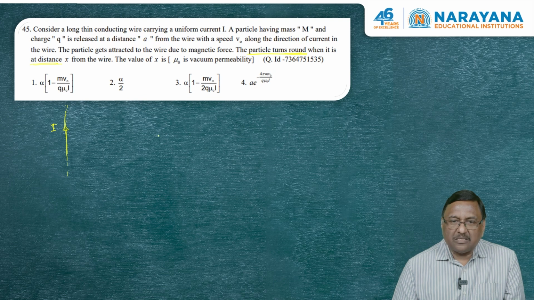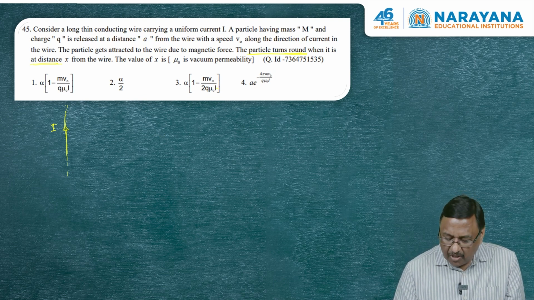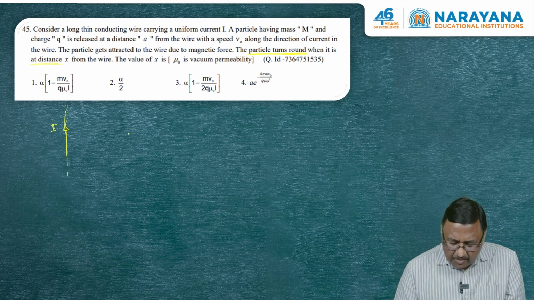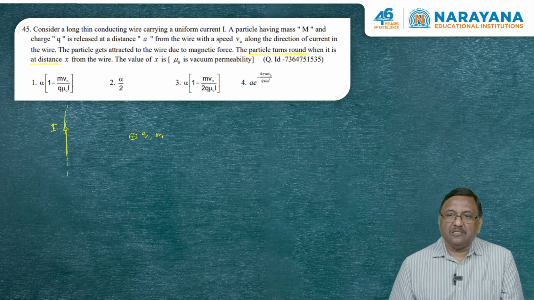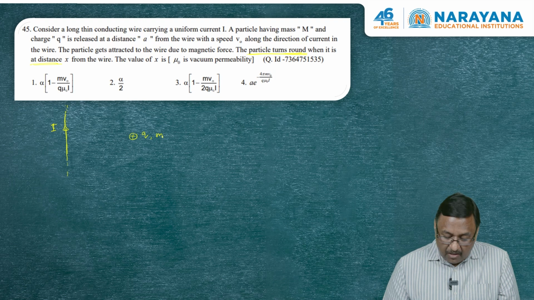A particle having mass capital M, I'm not bothered because in the answers they are writing small m. Suppose there is some mass here, m is the mass, and it has some positive charge q. Now listen to this question very carefully, how we are proceeding.